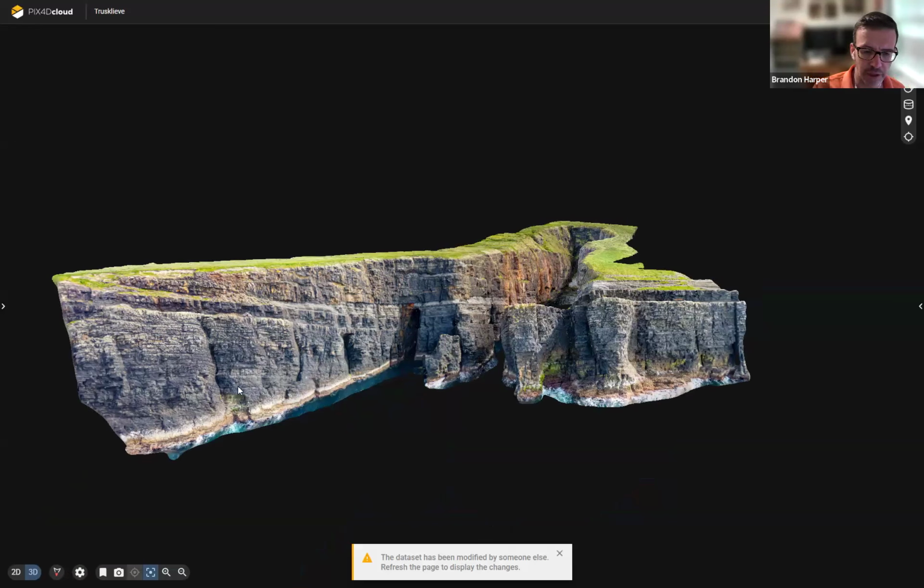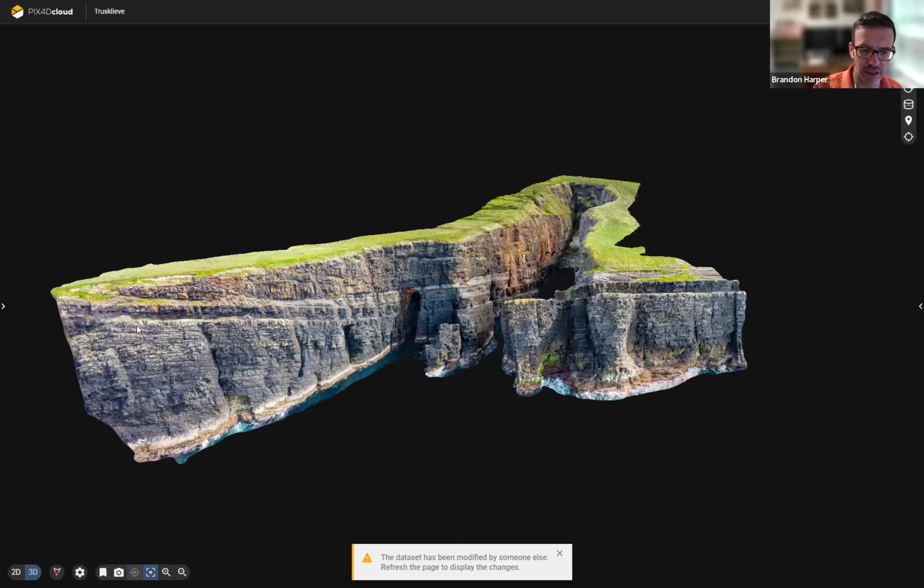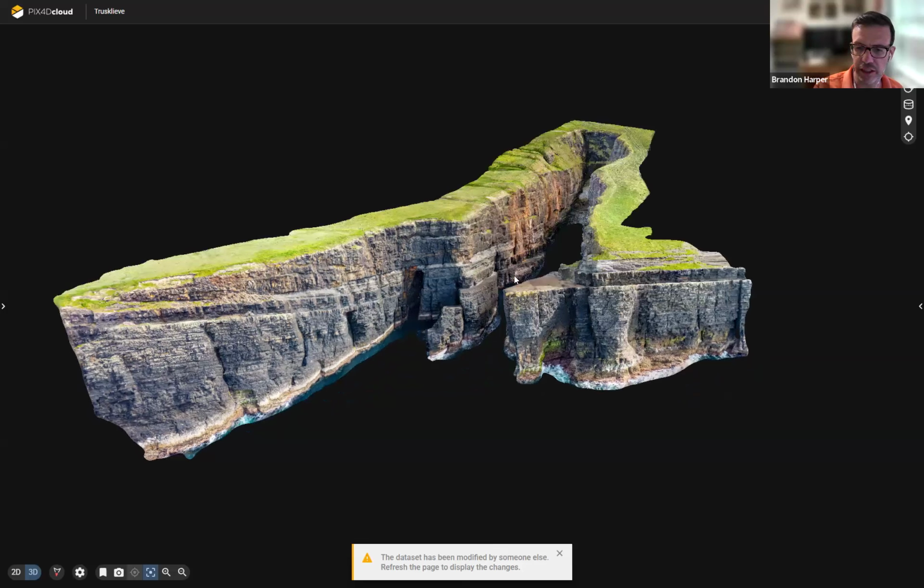Zooming out, we can see a general gradual transition from fine-grained, thinly bedded mudstones into thicker bedded, more coarse-grained sandstones up here. So we have a coarsening and thickening upward motif, the stacking pattern that we see. We can also see that generally they're laterally continuous all the way around. In fact, on top of this thick sandstone here, it is very laterally continuous.